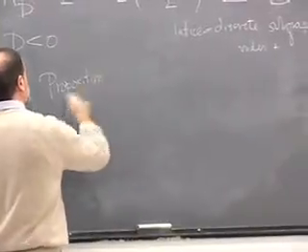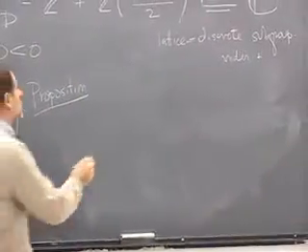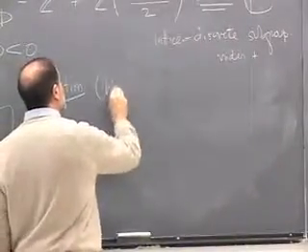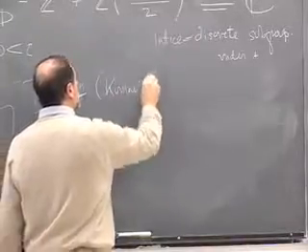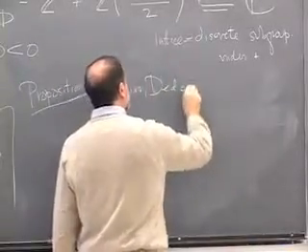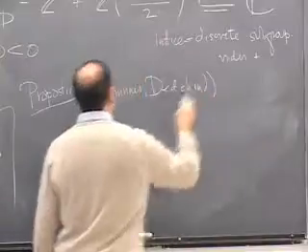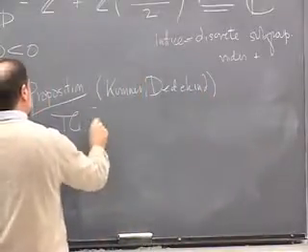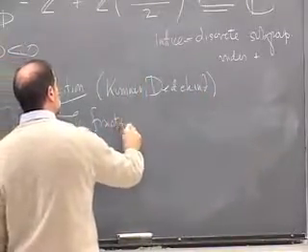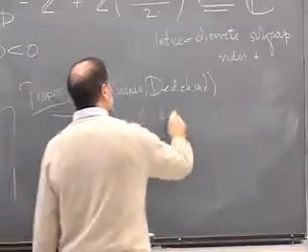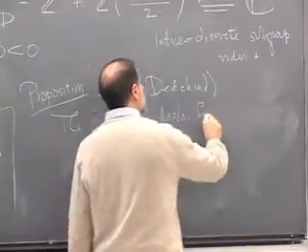Proposition. This was proved at the end of the 19th century by a number of mathematicians, Kummer, Dedekind. The first statement is that the fractional ideals form a group under multiplication.